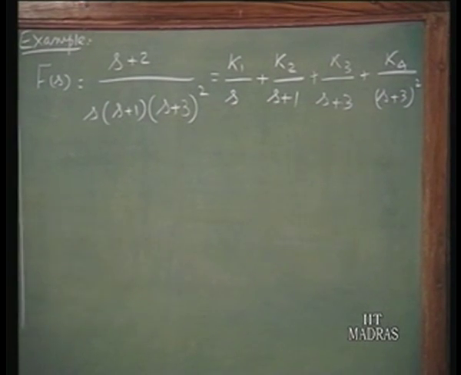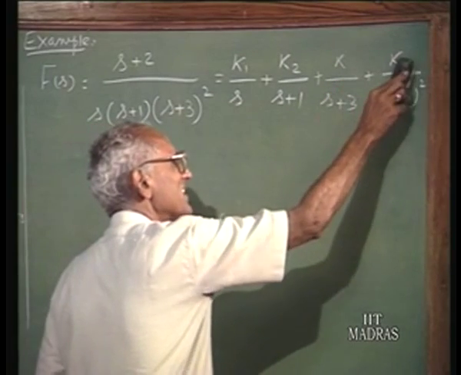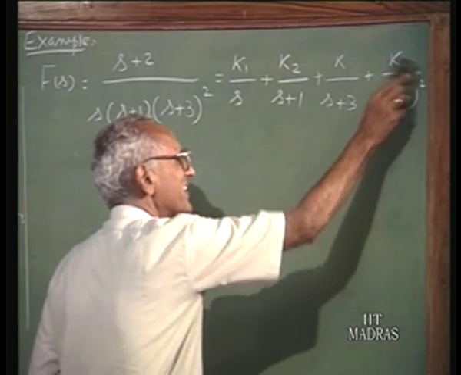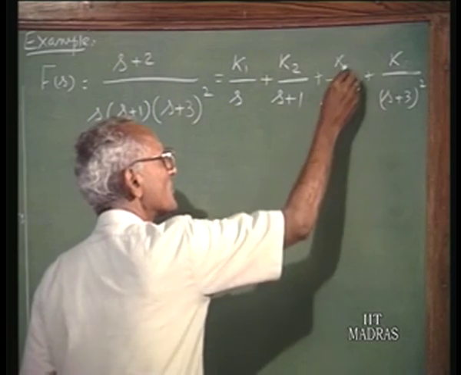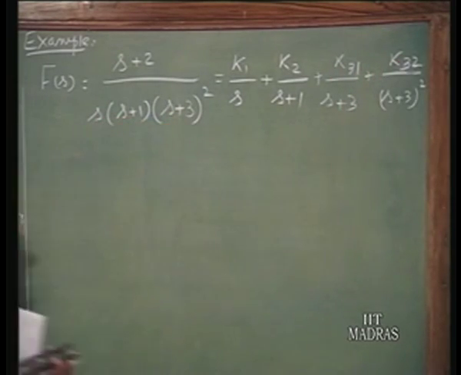To streamline this work and extend it to the general case, we will put it this way. This pole at minus 3 has 2 repeated roots, therefore we have k31 and k32.